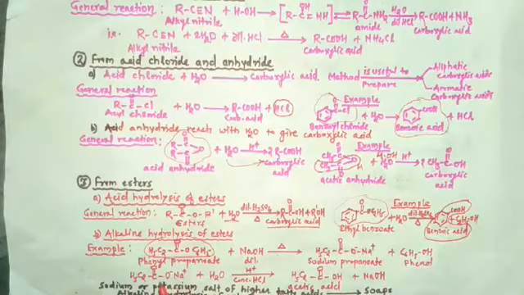This sodium propanoate, on acidification with concentrated HCl, undergoes hydrolysis and produces acetic acid.